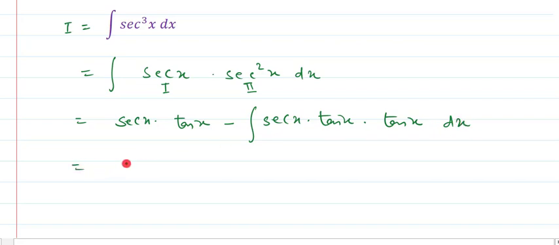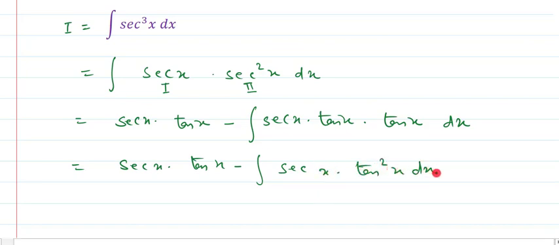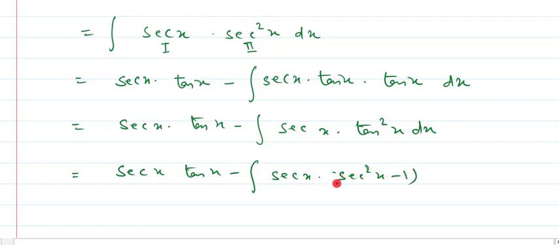Now the next is secant x into tan x minus, can be written as, secant x into tan square x dx. Okay, now what to do? Just use the identity of tan square x, which is secant square x minus 1.